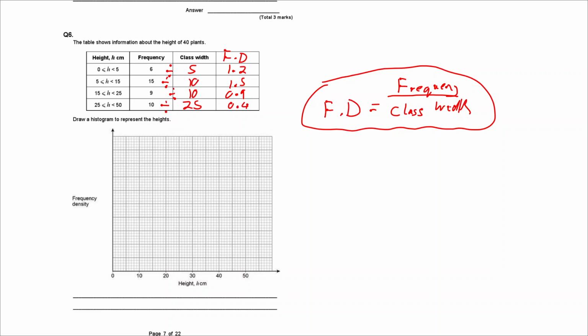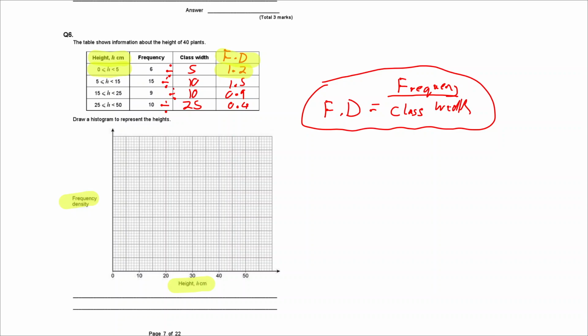So looking at the first one, we're plotting between 0 and 5, with a height of 1.2. The height is the frequency density, so we're going to put up an axis here.